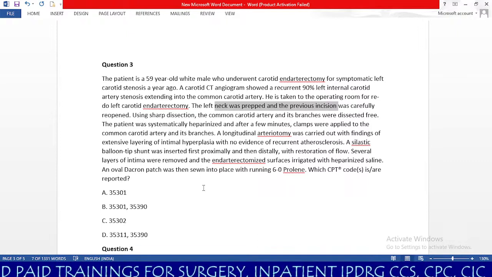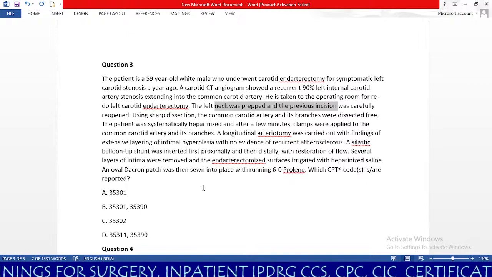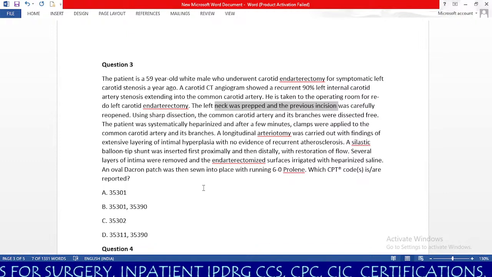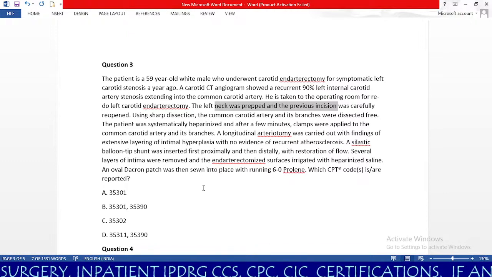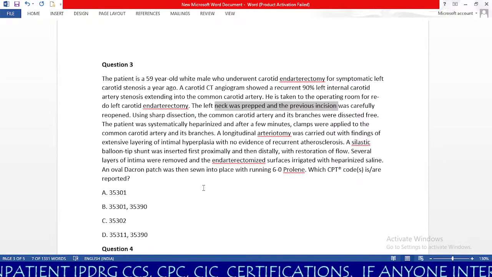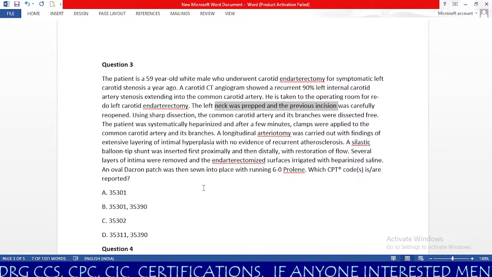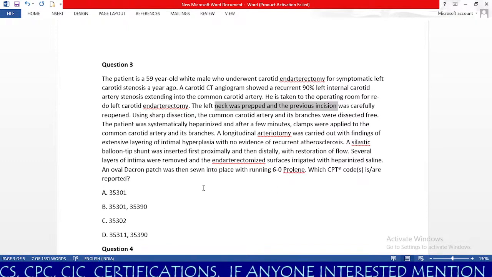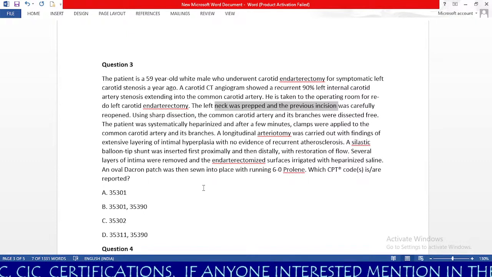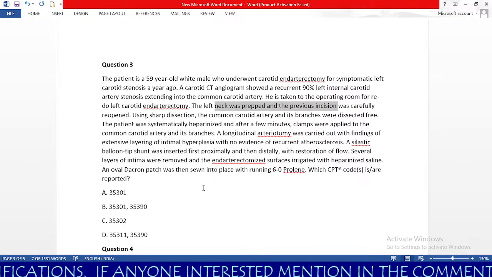So already the physician performed this one. Again the physician is performing the endarterectomy. So we need to code 35390 also along with 35301. So what is 35390? Reoperation, carotid thromboendarterectomy, more than 1 month after the original operation.